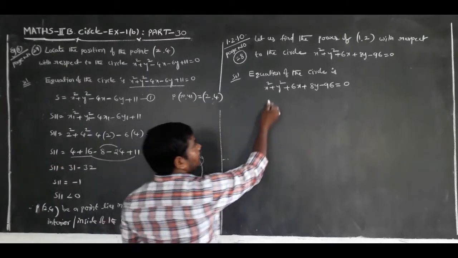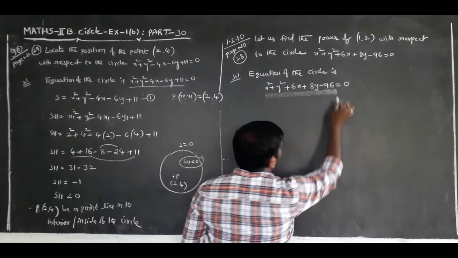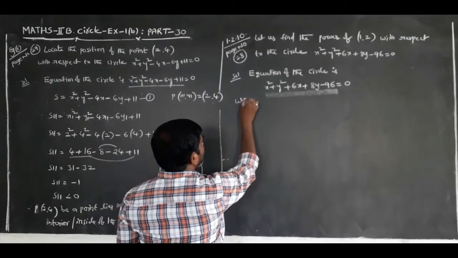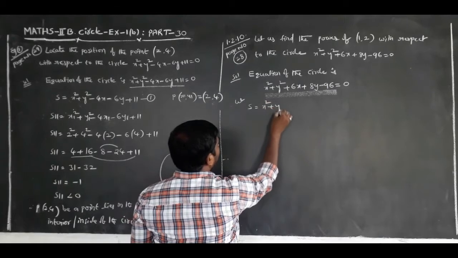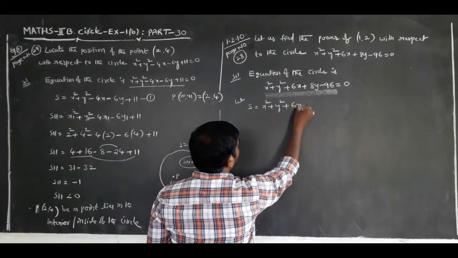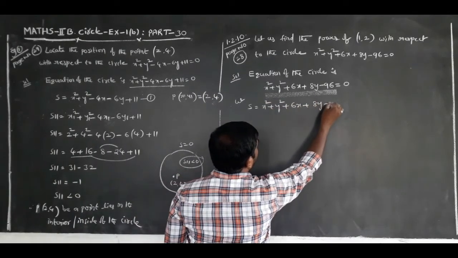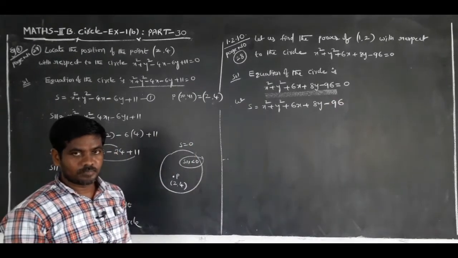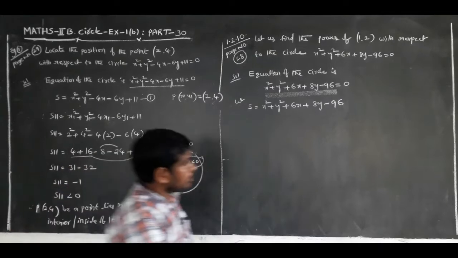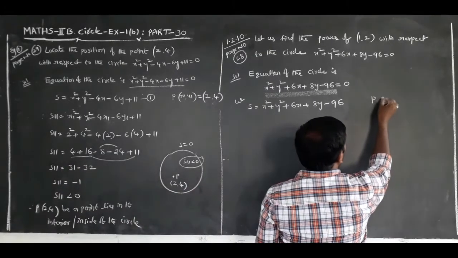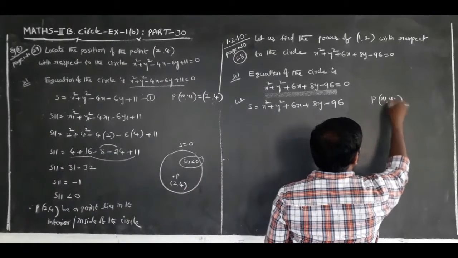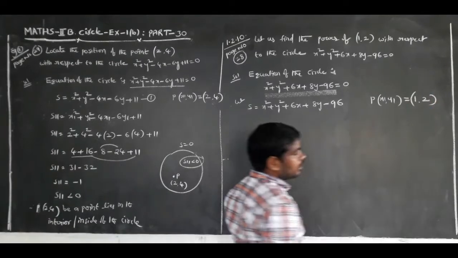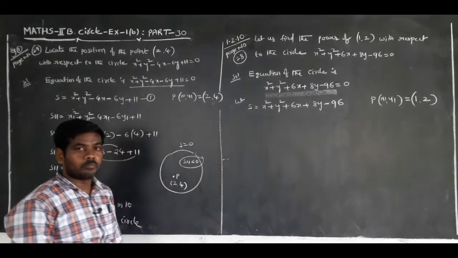The given equation of the circle is S. Here the given point P(x1, y1) is (1, 2).